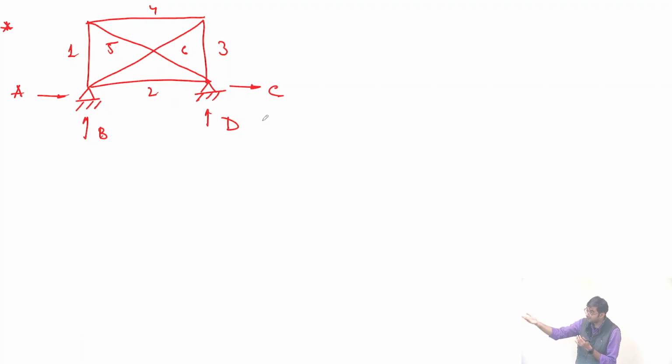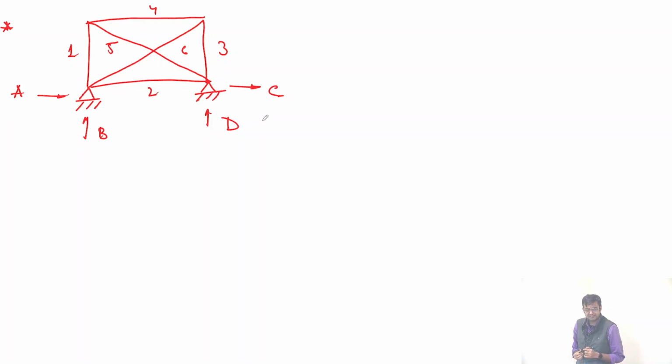Let's say the support is not able to carry C and D. So that means it will fail because the external indeterminacy has now gone negative. Although the member itself is stable, because the external has gone negative, it will fail because of external motion. If C and D fail, that joint is not there, so the whole thing will keep rotating, right? That is what it means, because it is going negative.